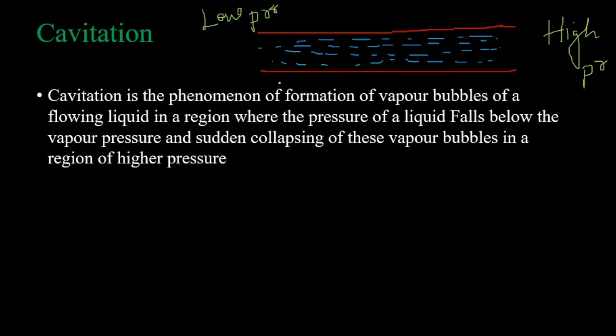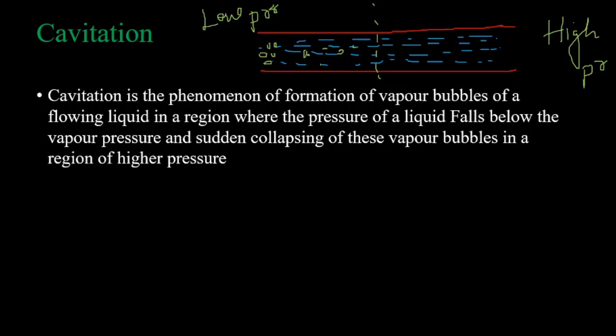So at the low pressure in the flowing liquid, what forms? Vapor bubbles will be formed. This is the region of low pressure. This is the region of high pressure. So these vapor bubbles are formed in the liquid in the low pressure zone.